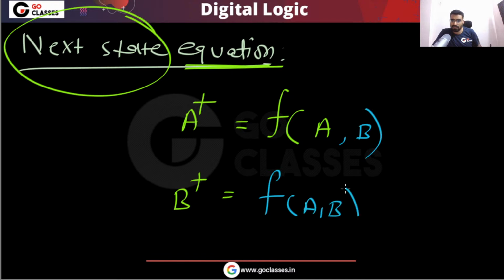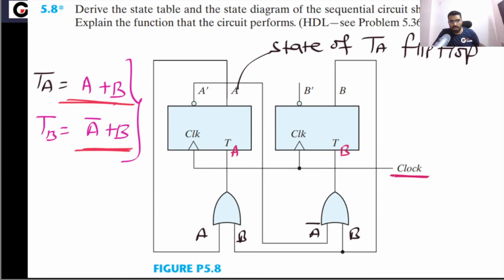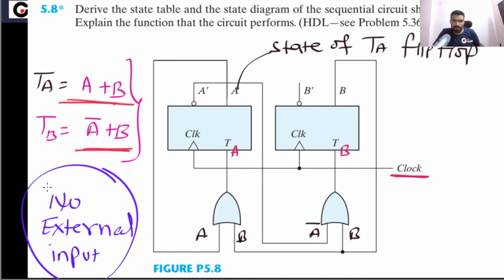Why in terms of present state? Because there is no external input in this circuit. Is there any external input? No, there is no external input.